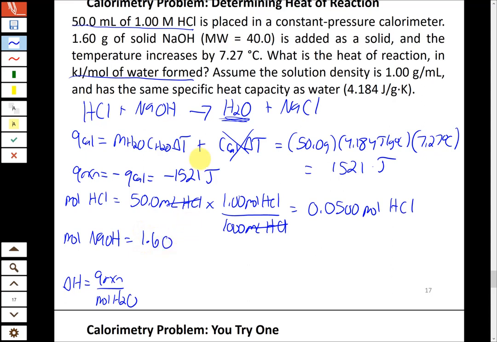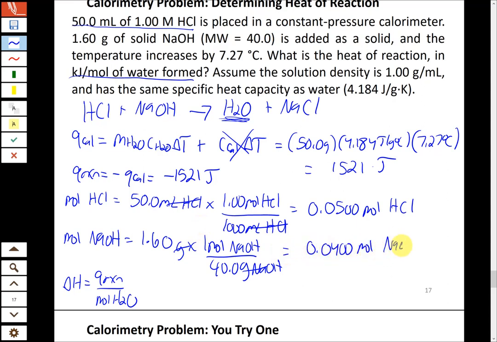For NaOH, we did it in mass, 1.6 grams. So we're going to use the molar mass of NaOH to calculate the moles of NaOH, 40 grams per mole. So this molecular weight there is 40.0, so that we're going to divide by that. So we have 0.04.